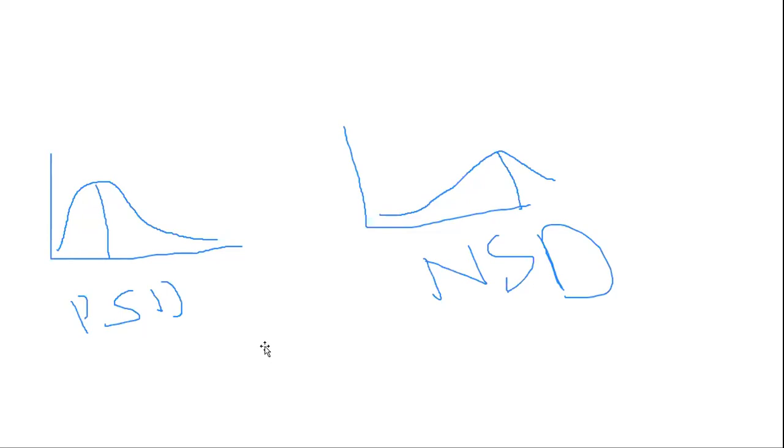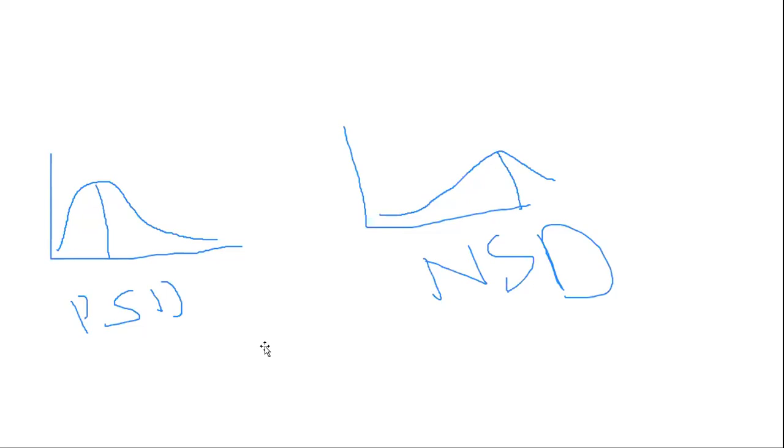Sorry, there was a mistake. See here, mean is greater than median, and median is greater than mode.